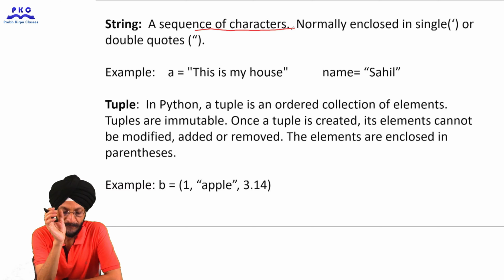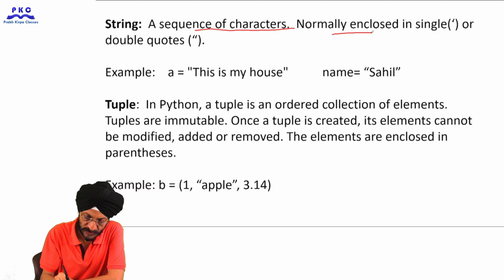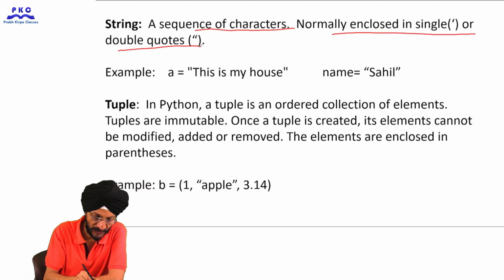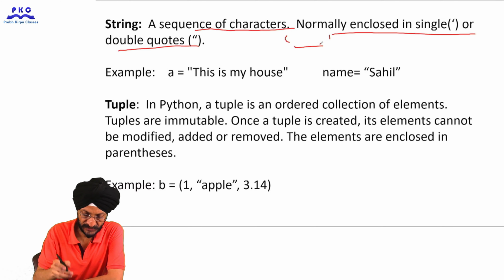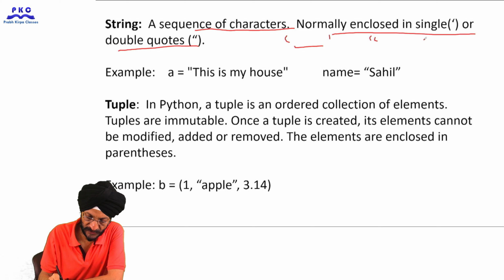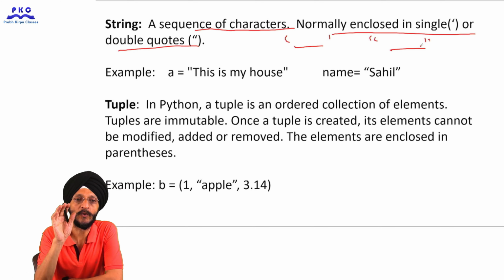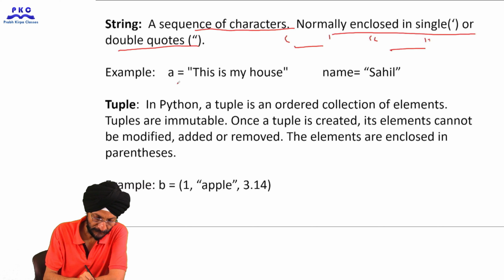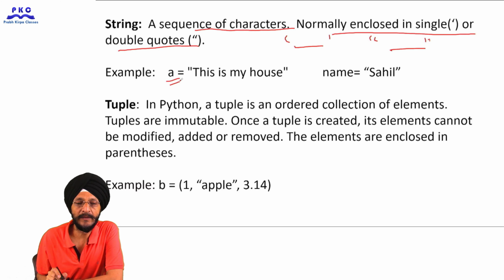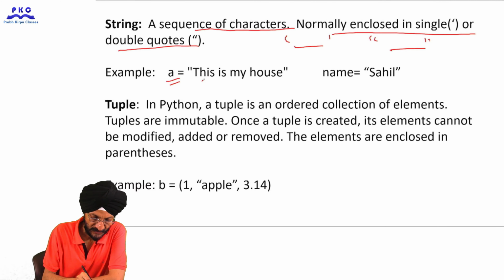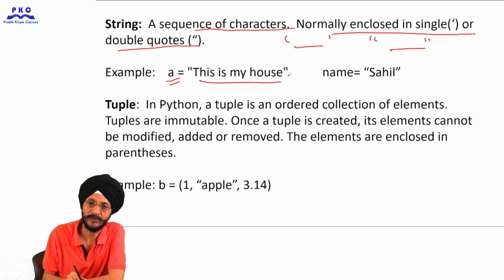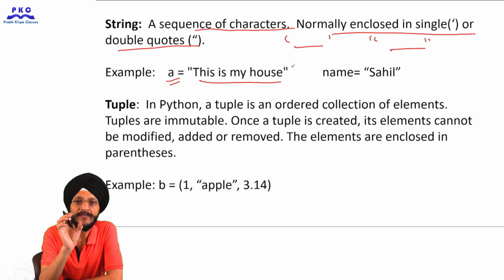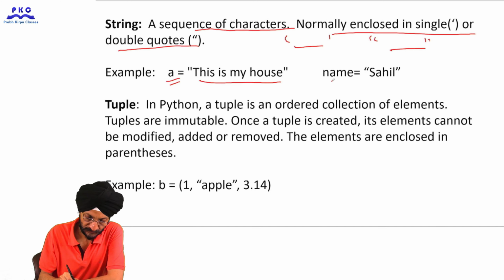This string is normally enclosed in single quotes or double quotes. Example: a is a variable, and "This is my house" is the string, enclosed in double quotes.